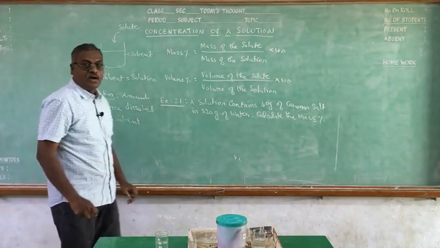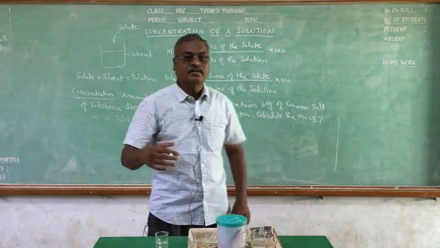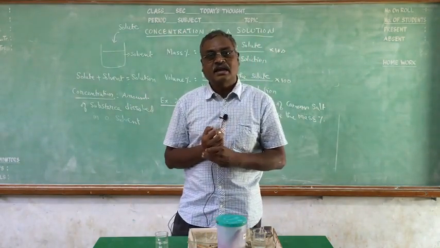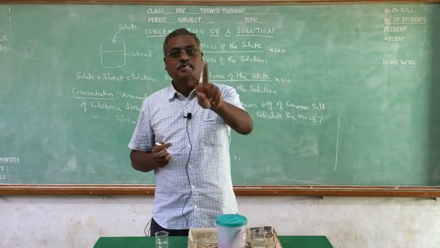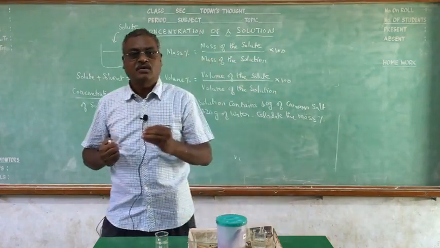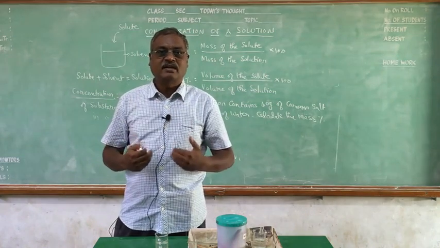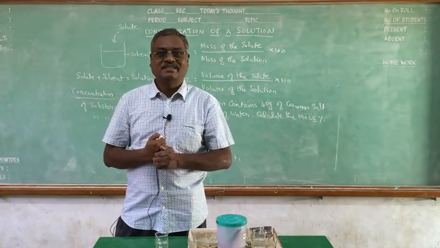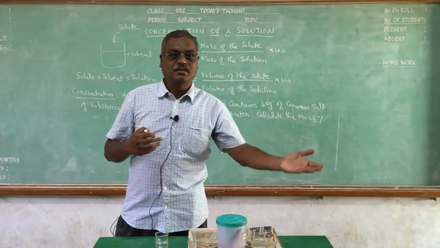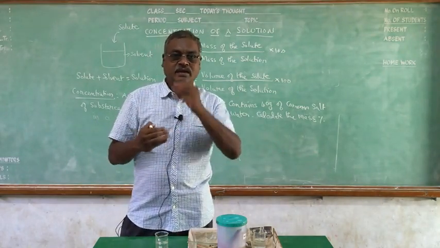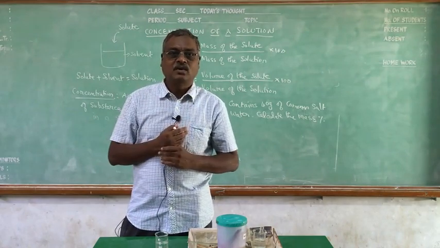In a solvent, how much amount of substance was dissolved, that is known as concentration. The concentration can be calculated by two units. How can you calculate your weight? You can calculate your weight by the unit called kg. Somebody will be 30 kg, somebody will be 50 kg. So your weight can be calculated in kilograms.